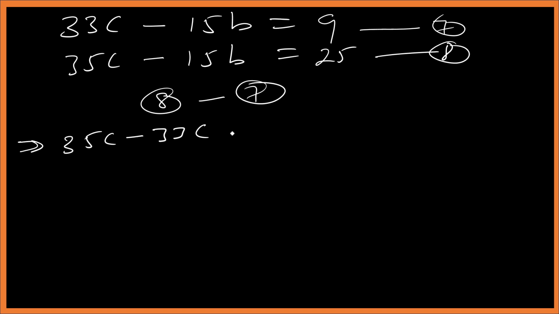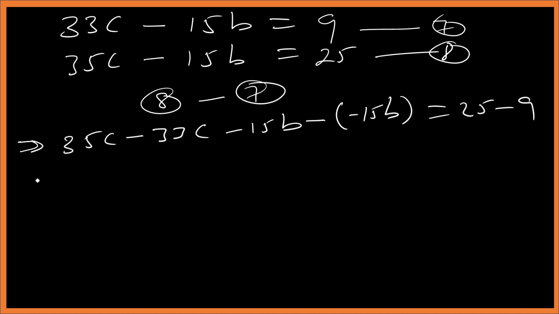Minus 15b minus minus 15b, and 25 minus 9. So this side will be 2c. The b terms will go.